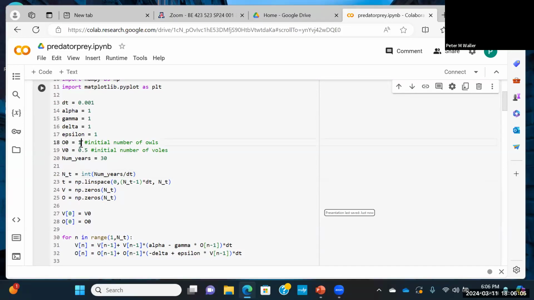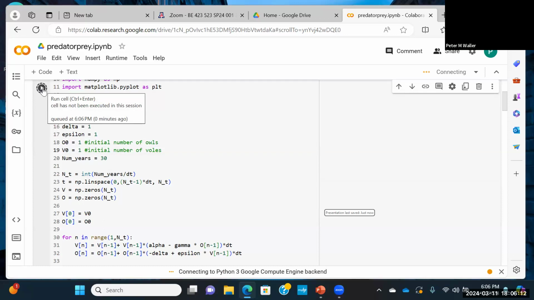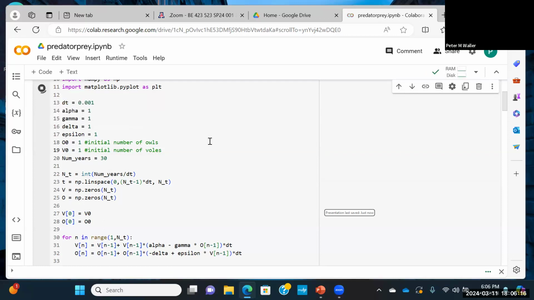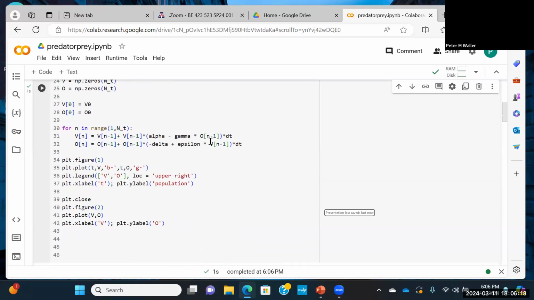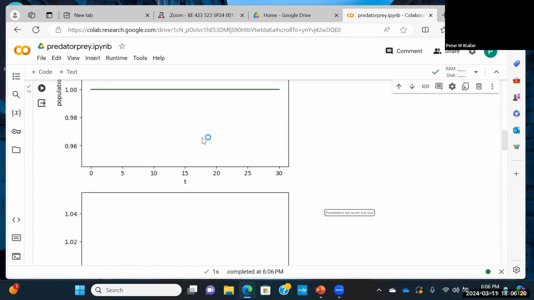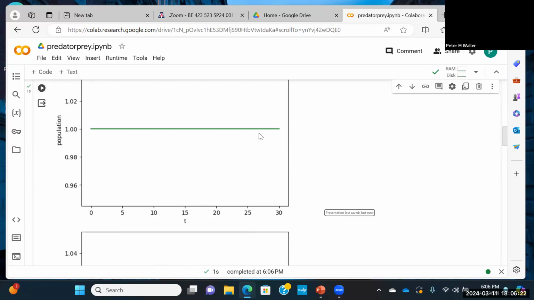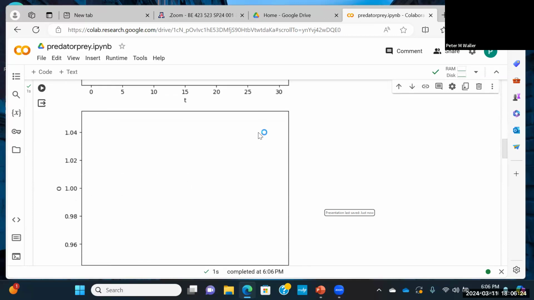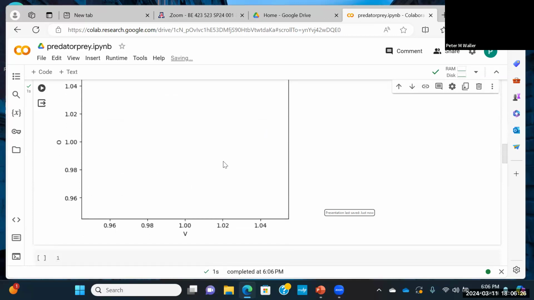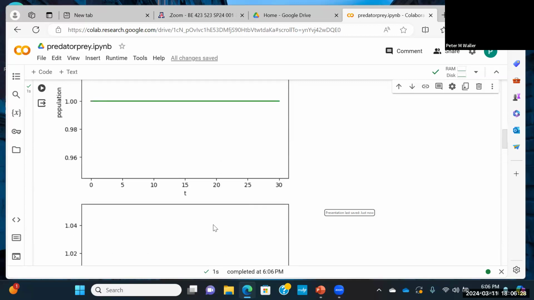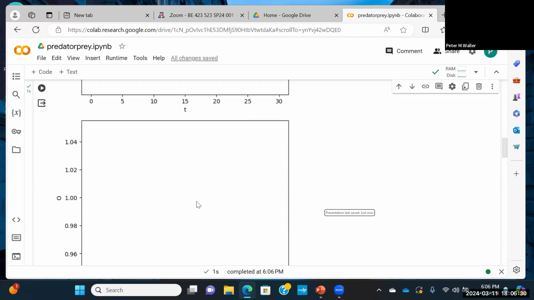Okay, so I said the first thing I wanted to do is have owls equals 1 and voles equals 1. Okay, so we'll see a very boring graph. Okay, so it just remains at 1.0 because it's at the equilibrium point. And we're not seeing anything here for some reason. Oh, we should just see a little dot here, I think.